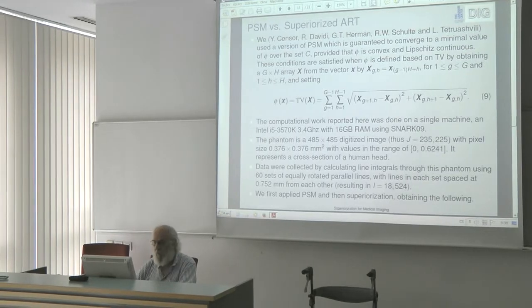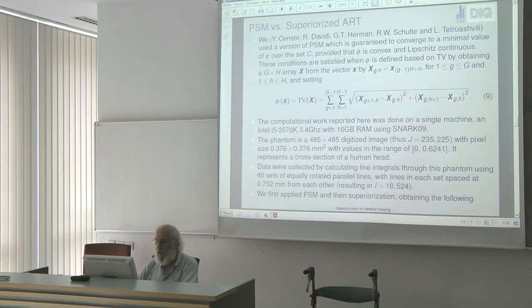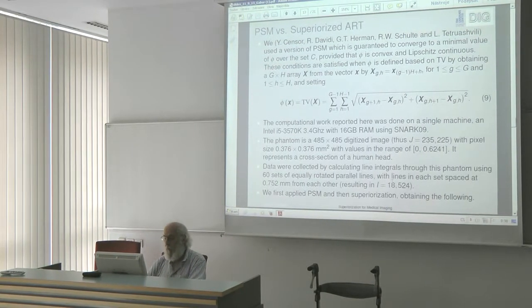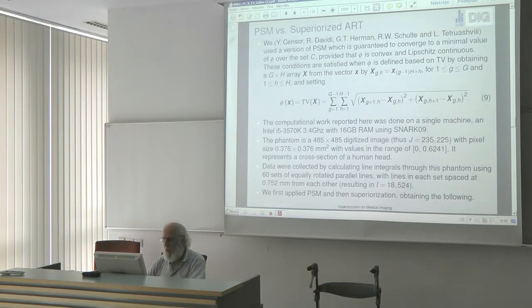And here is the definition for any image x. The total variation of x is a digital approximation of the integral of the magnitude of the gradient over the image, and you calculate it by adding together over all pixels except the one in the last row and the last column, the difference between the pixel value and the pixel to the right of it squared, the difference between the pixel value and the pixel below it squared.